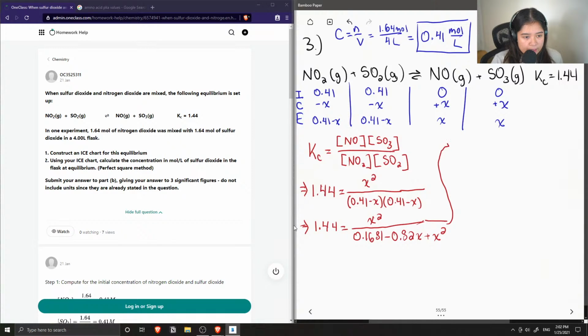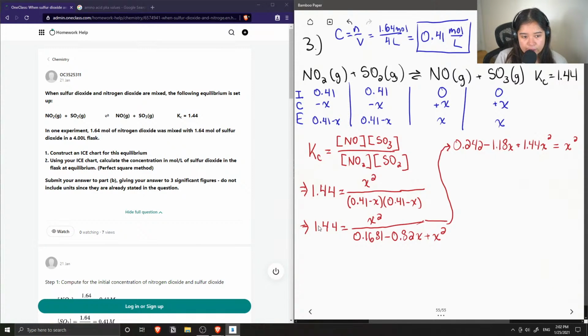Then we just need to expand this some more. So bringing our denominator, multiplying everything by 1.44, you get 0.242 minus 1.18x plus 1.44 x squared is equal to x squared.